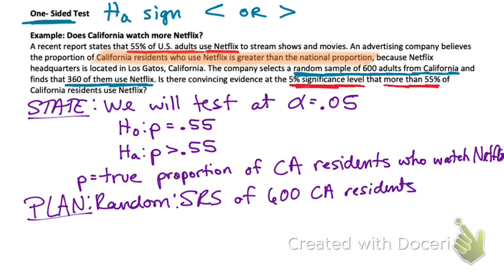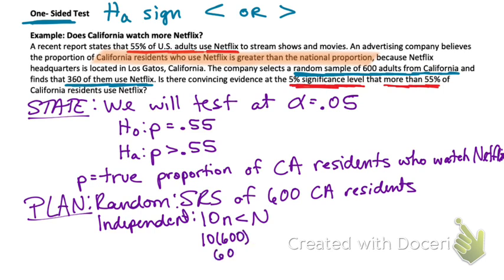All righty. Independent. I need to make sure that 10 times the sample size is less than the population. So 10 times 600, that is 6,000. Do you think that the population of California is more than 6,000? Yes.